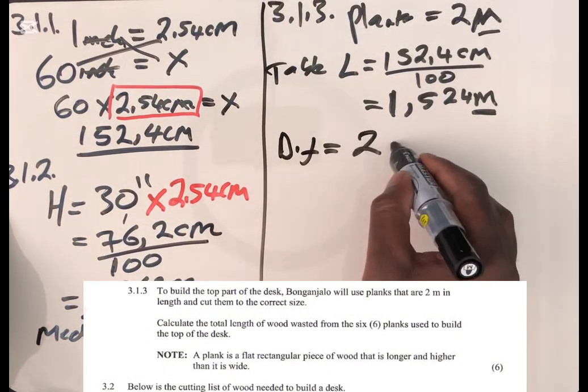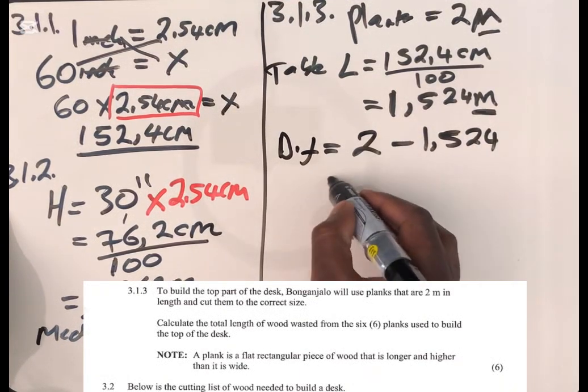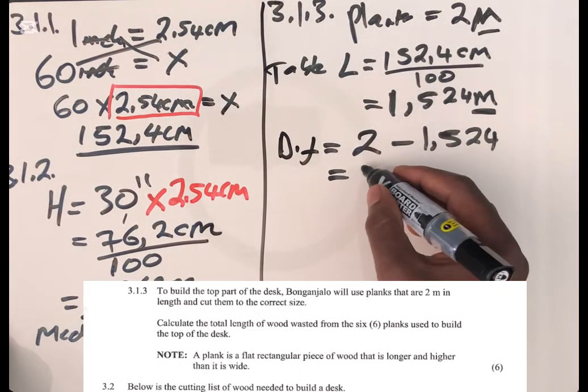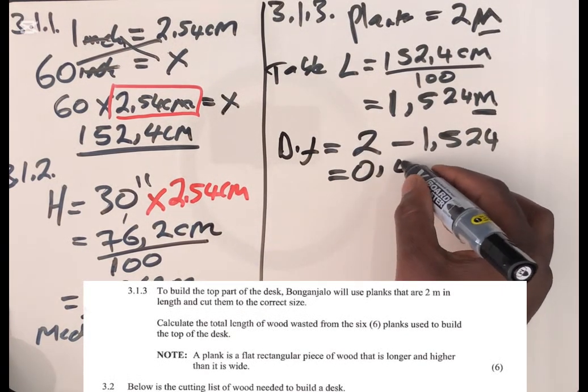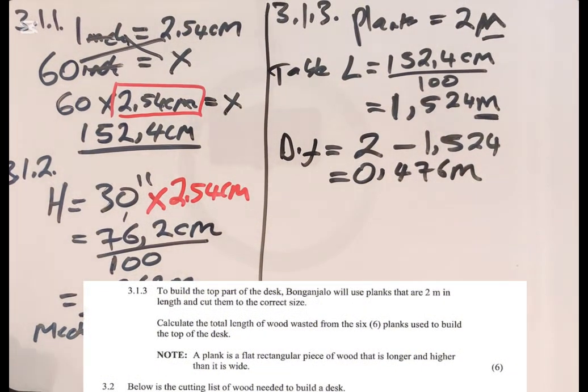Difference is going to be 2 minus 1.524. We found that the difference is 0.476 meters. He's going to lose 0.476 meters in each and every plank.